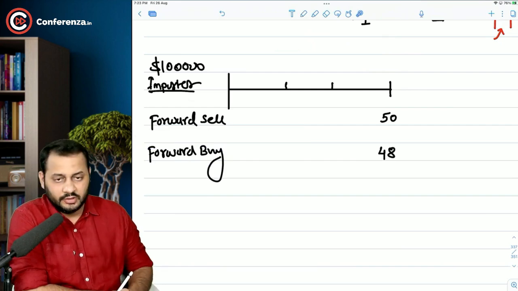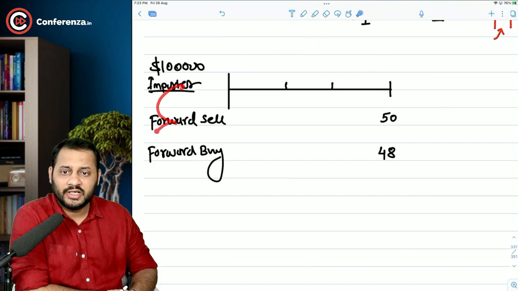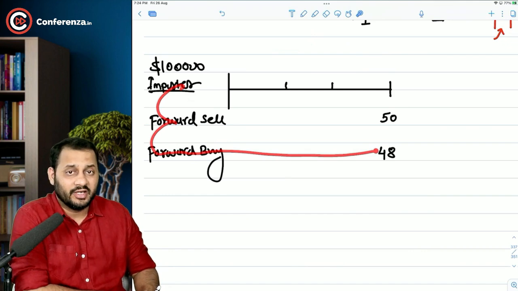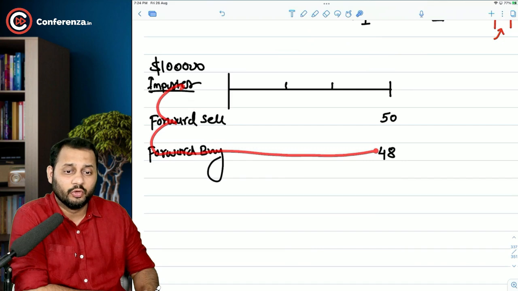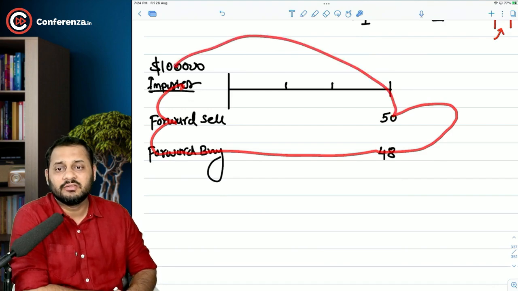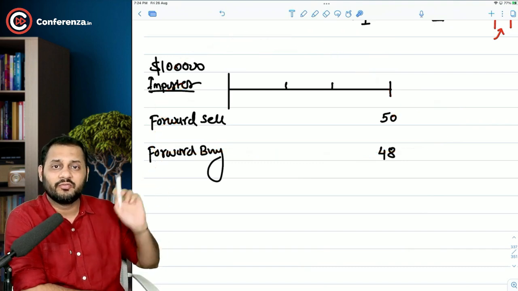When the importer came to the bank, the bank looked at the interbank rate and saw that it will cost 48 rupees for $1 to buy it from the interbank market, and that's why after keeping 2 rupees of profit, the bank quoted him 50 rupees as the rate. So after 3 months, $1 lakh will be bought and sold by the bank, and 2 rupees per dollar will be the profit of the bank.